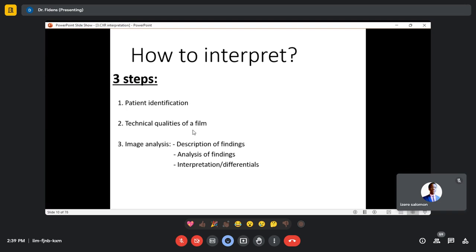Try to, the most important comes first, the less important afterwards. Interpretation, now you correlate the findings with the clinical history and make the differentials. So those are 3 steps you should always remember and pass through before you make your conclusion. Okay? So I give very much value to these slides.